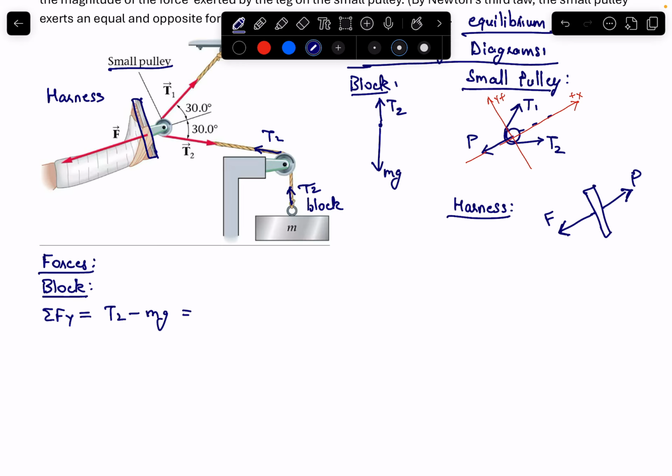This is generally equal to m times a net, but because everything is at rest, at equilibrium, my a net is 0, so it becomes 0. So rewriting this equation, T2 is equal to mg.